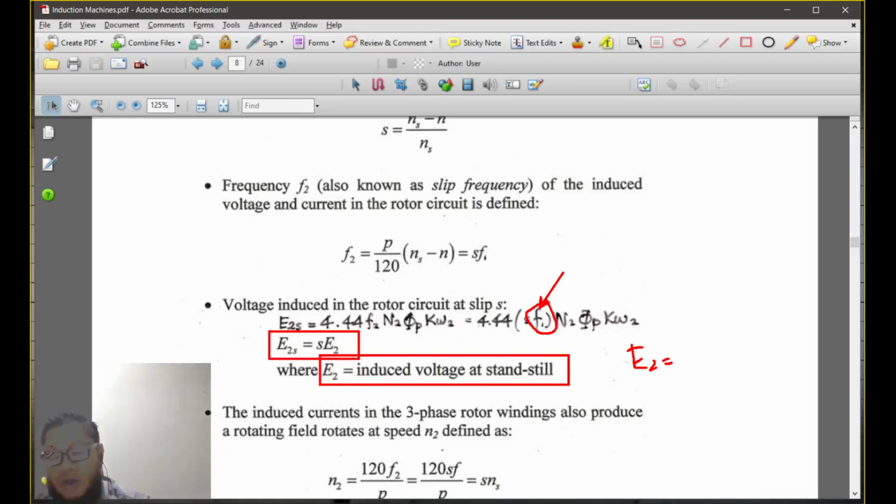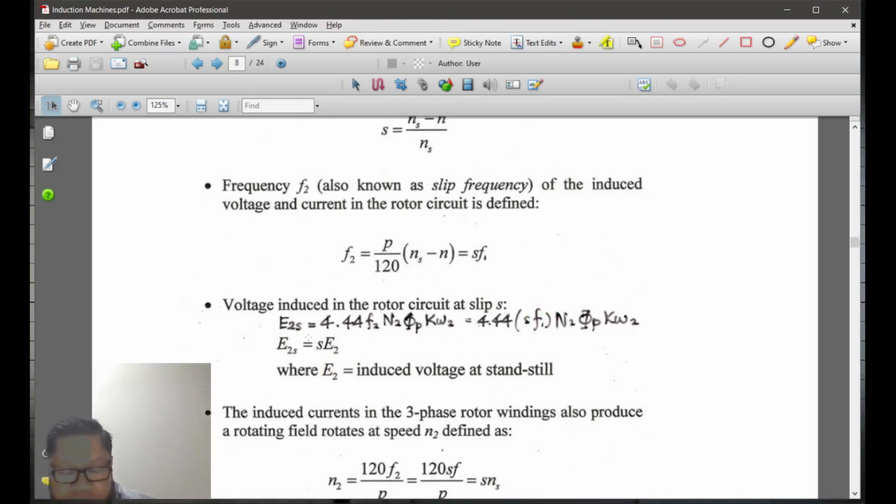There is no rotating magnetic field, there's no rotating field yet. This is known as standstill operation. So E2 operates at F1, which is why E2 is known as the induced voltage at standstill. So the motor doesn't rotate yet.